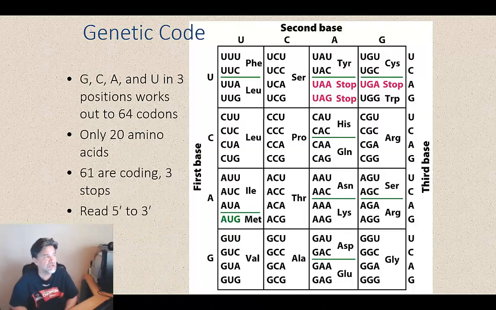So here is the genetic code. Don't be intimidated. You're not going to have to know it unless you take genetics. And what you see here is the idea of the 3 base pairs that make up the 3-letter word that are going to correspond to an amino acid. For instance, if we look at the first column, second row, we see the letters LEU.